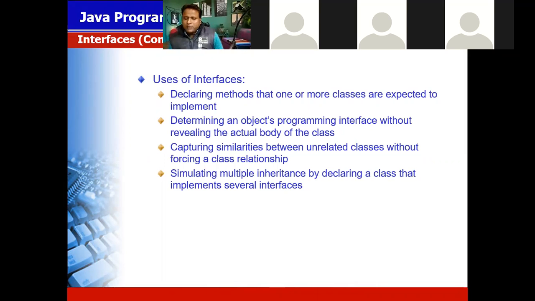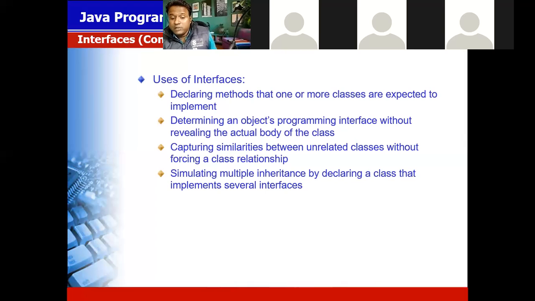Simulating multiple inheritance by declaring a class that implements several interfaces. So Java supports simulating multiple inheritance, meaning Java doesn't support multiple inheritance, but in the case of interfaces it supports multiple inheritance.